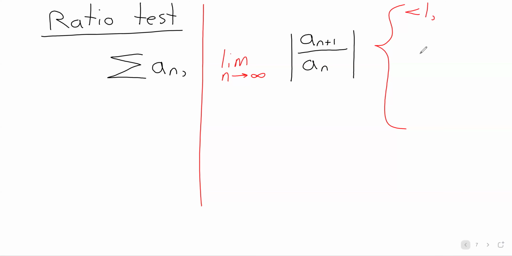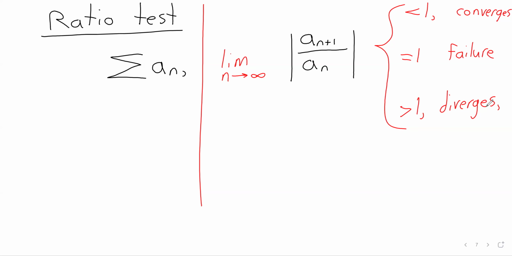If the limit is less than 1, the series converges. If it's greater than 1, the series diverges. Sadly, the ratio test has a failure state.